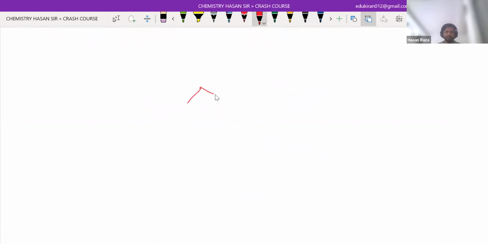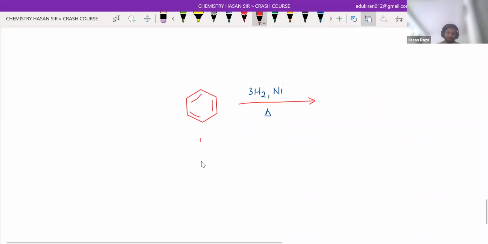This is your benzene. If you are going to react this benzene with 3 moles of H2 and nickel, and heat, then let me know the product. And if you have Cl2 in excess, then what will happen?